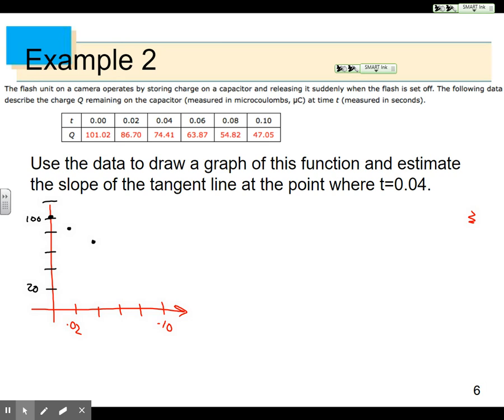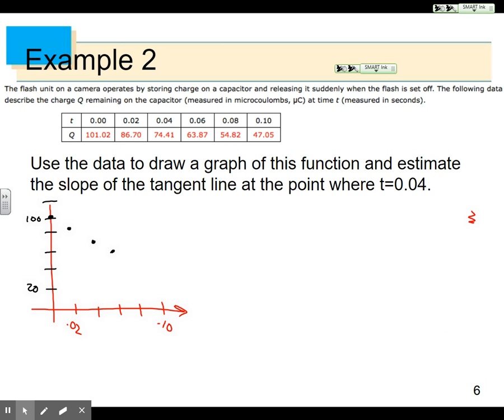Ooh, yeah, that's close enough. 0.06 and 63: 20, 40, 60, and 3. See, it's kind of leveling off a little bit. It's not coming down as much. 0.08 and 54: 20, 40, 50.